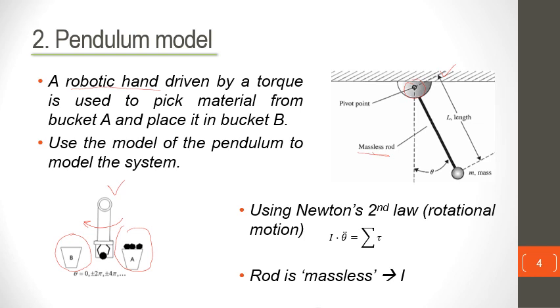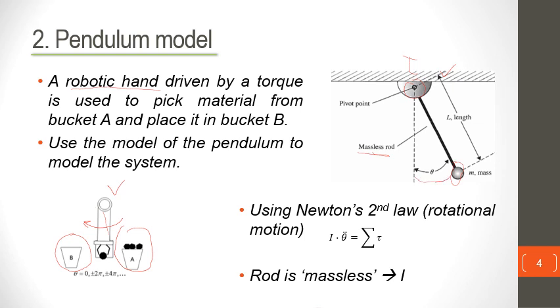A good assumption is that the mass at the end, in this case whatever the industrial robot is carrying, is significantly heavier than the arm of the robot itself. So we want to form a relationship as to how the input torque put around the pivot relates to the angular displacement.